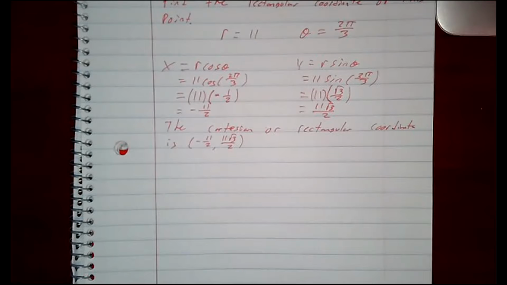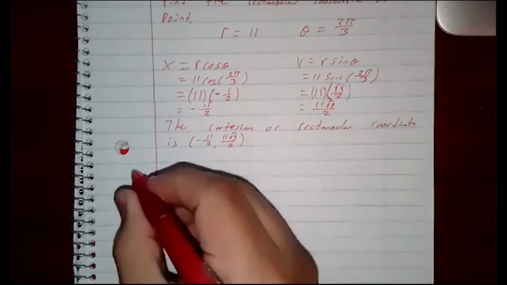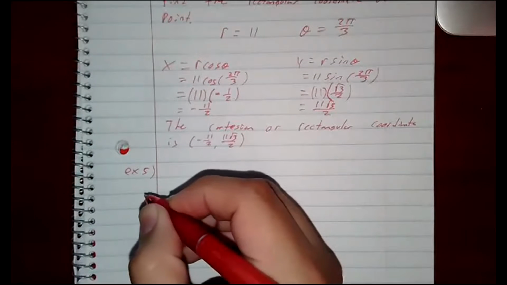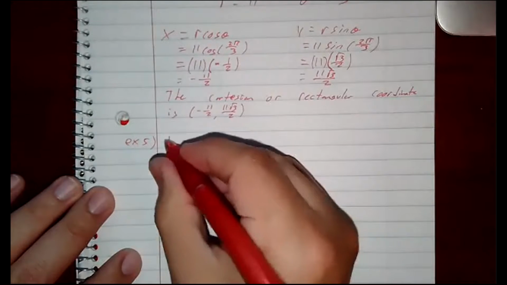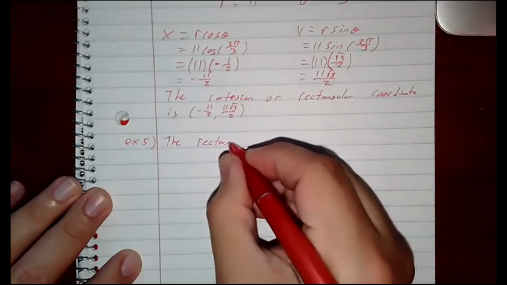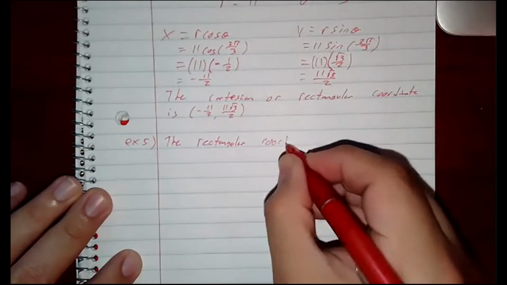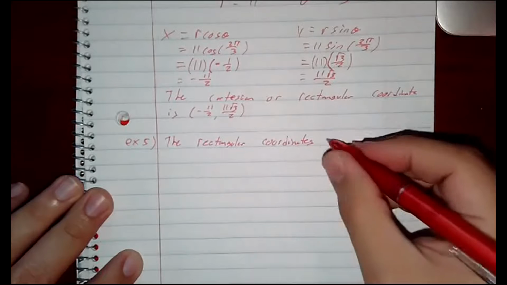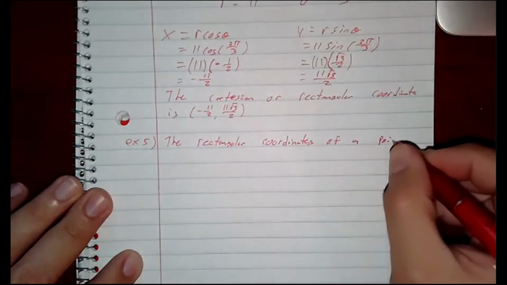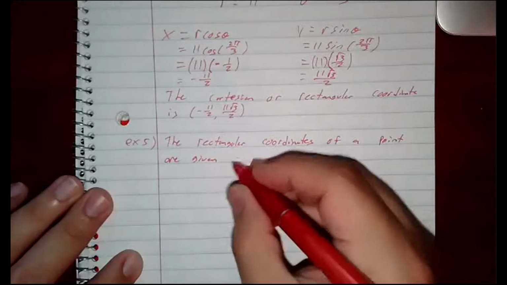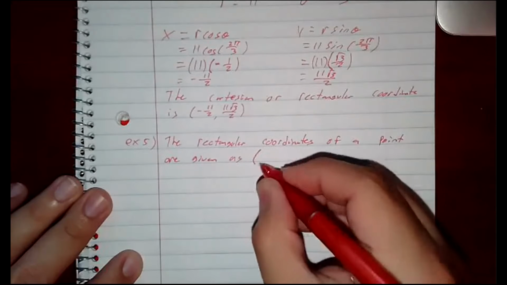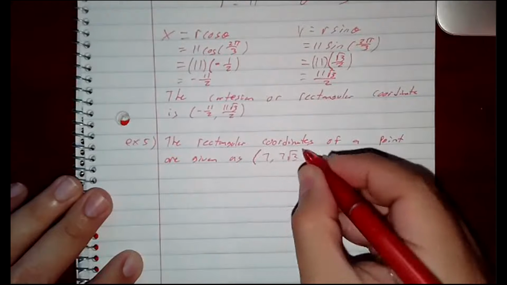Okay, then let's go the other direction. Let's go from x and y to r theta. Okay. The rectangular coordinates of a point are given as 7 comma 7 root 3.